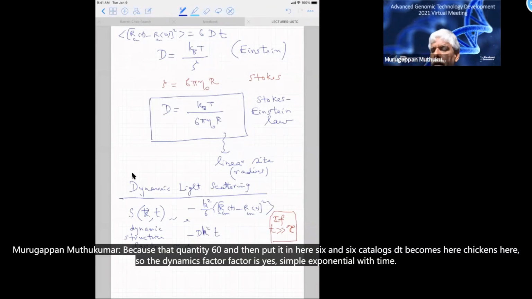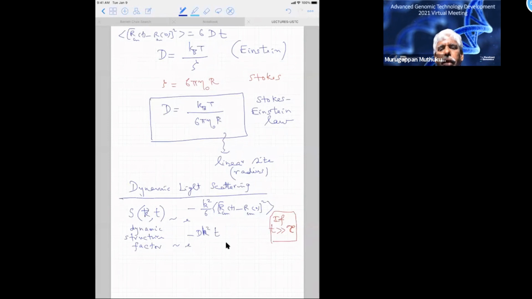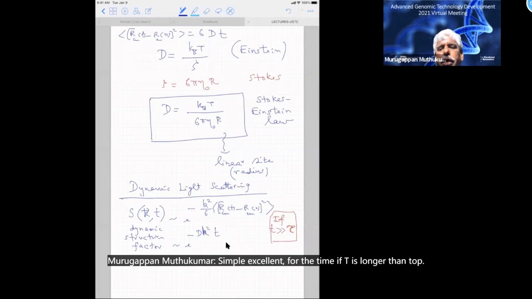Because that quantity is 6Dt, and then put it in here, the 6 and 6 cancel out, D comes here, t comes here. So the dynamic structure factor is a simple exponential with time, if t is larger than tau.